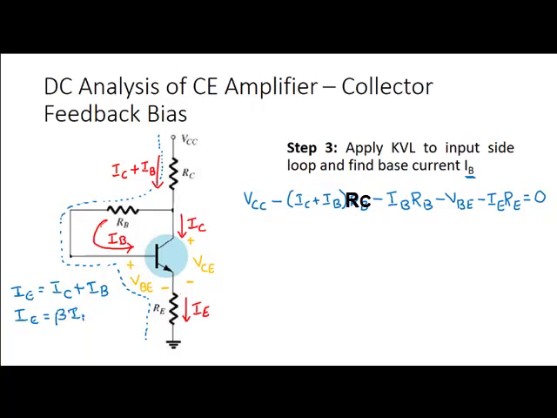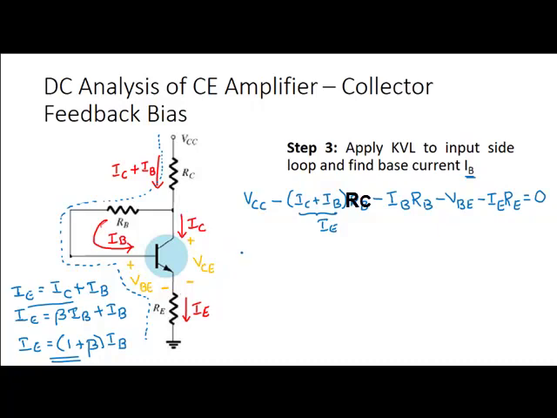IC can be written as beta times IB, plus IB. So IE can be written as 1 plus beta times IB. So this is the key here. So IE can be replaced as 1 plus beta times IB. Observe this equation. Here we have IC plus IB. This is nothing but IE. So IE is nothing but IC plus IB, and IE can be written as 1 plus beta times IB.